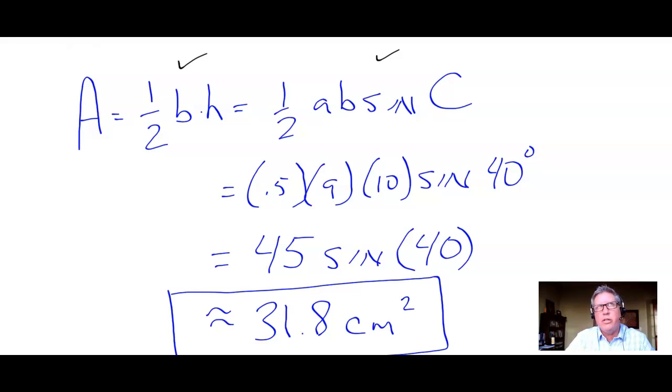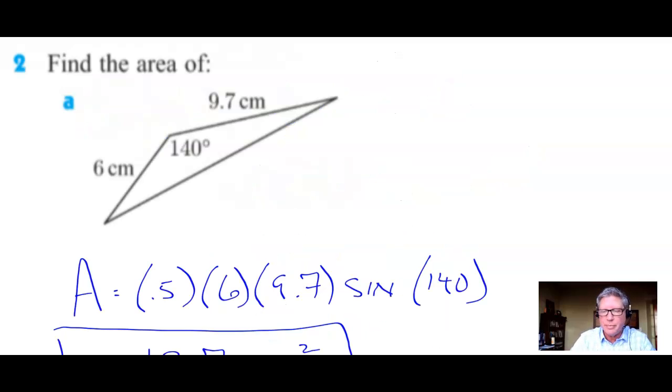What I struggle with is your ability to honor what's given and what formulas work. This is the area formula. We're going to do a few more formulas, so it's important to be organized. Hey, look at that. Does it work for obtuse triangles? Absolutely.